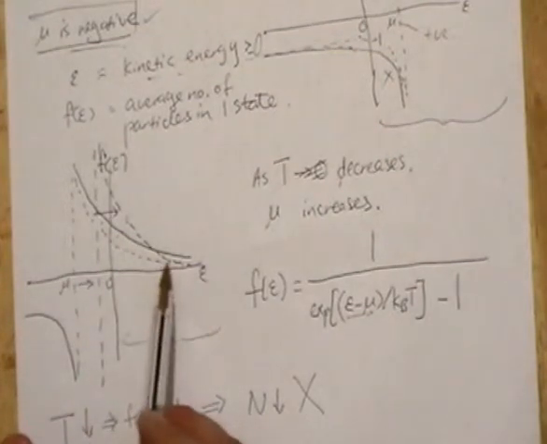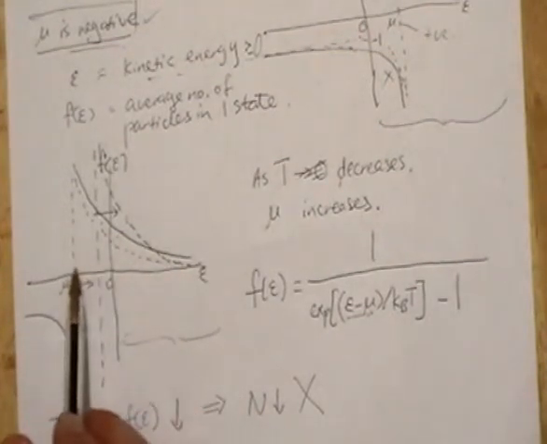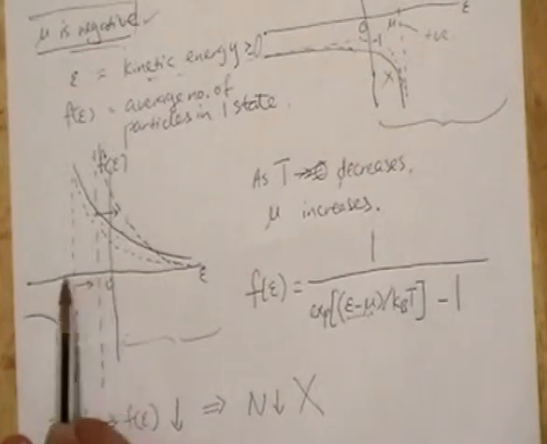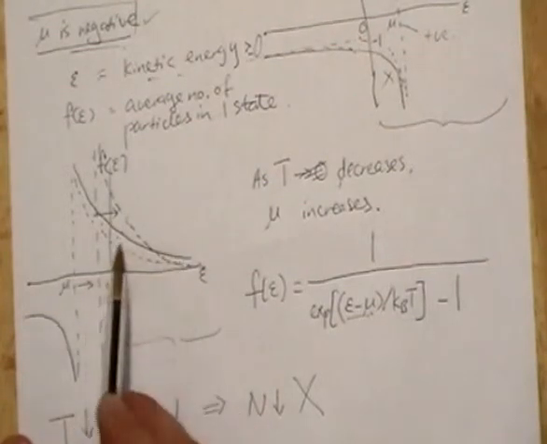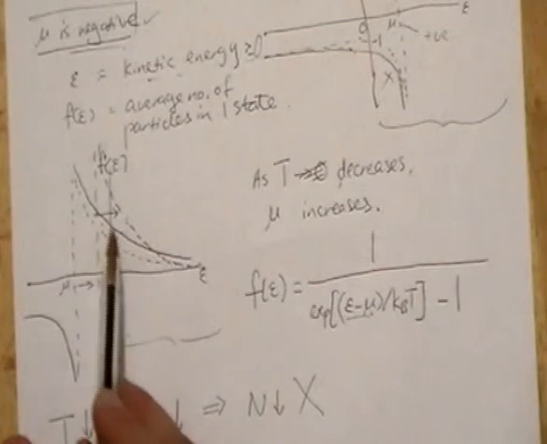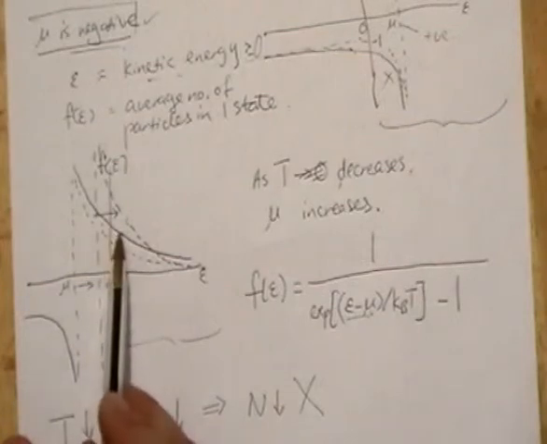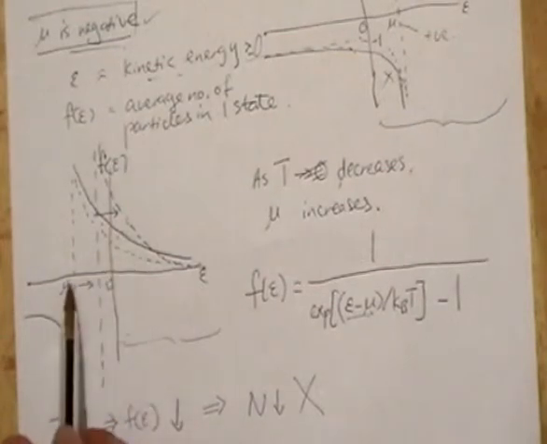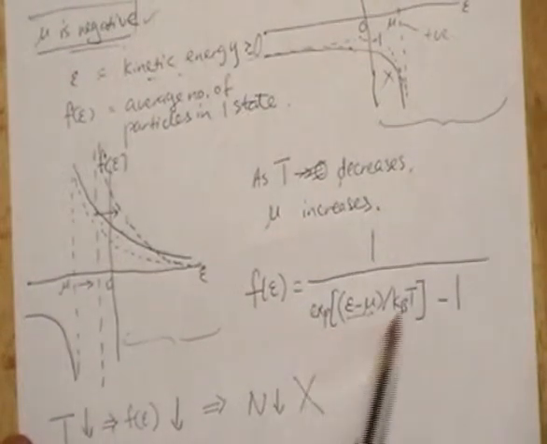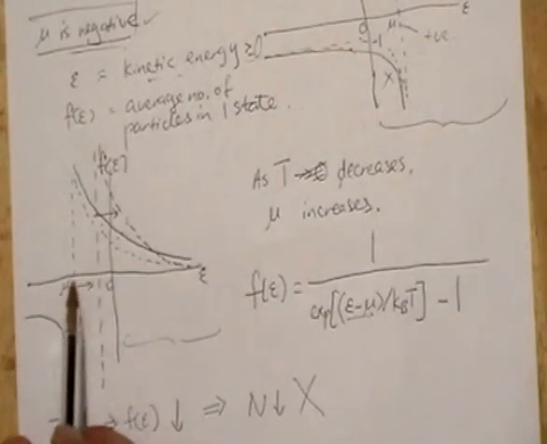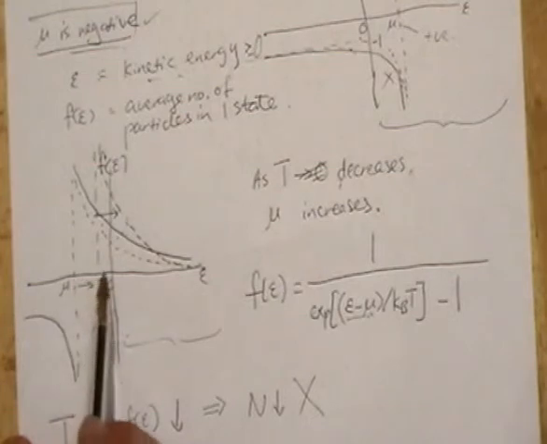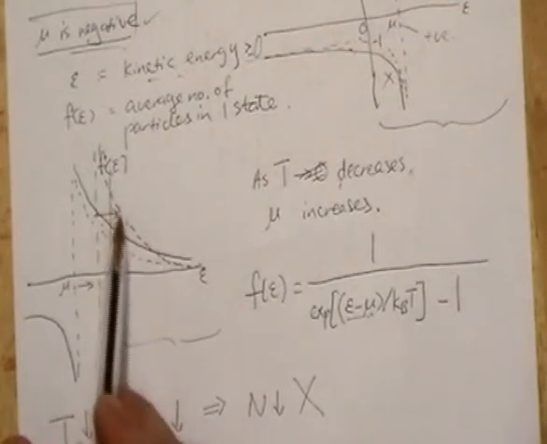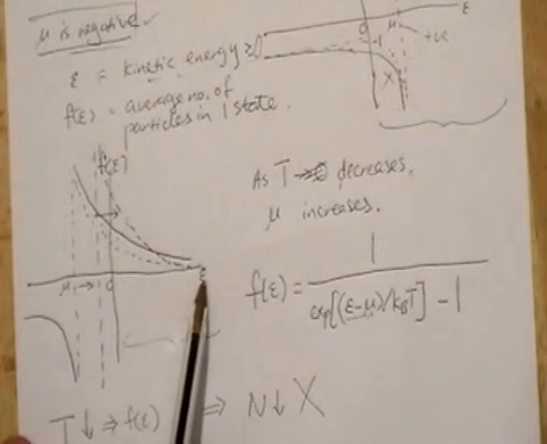So that means that by moving mu to the right, we can increase the number of particles in some states. And the understanding is that mu must increase by just the right amount that the total number of particles remains the same.